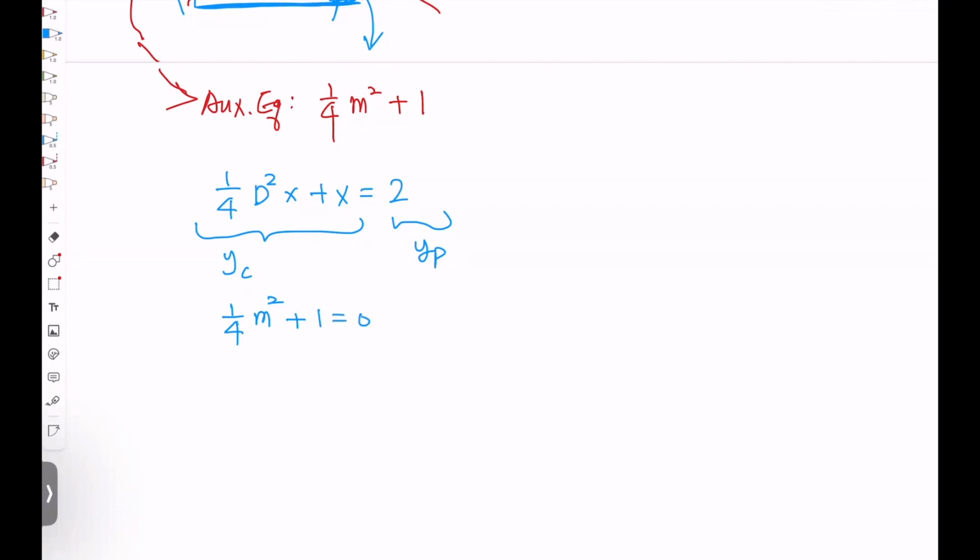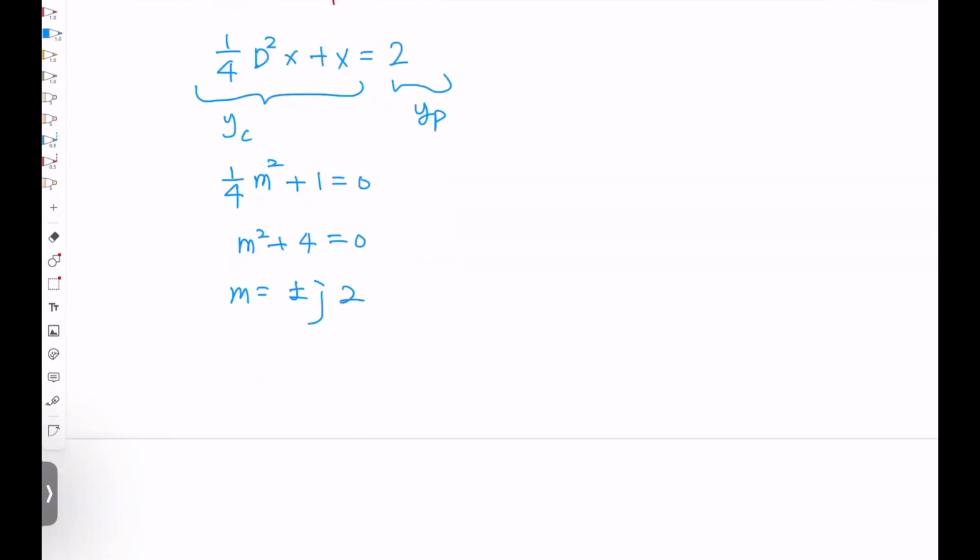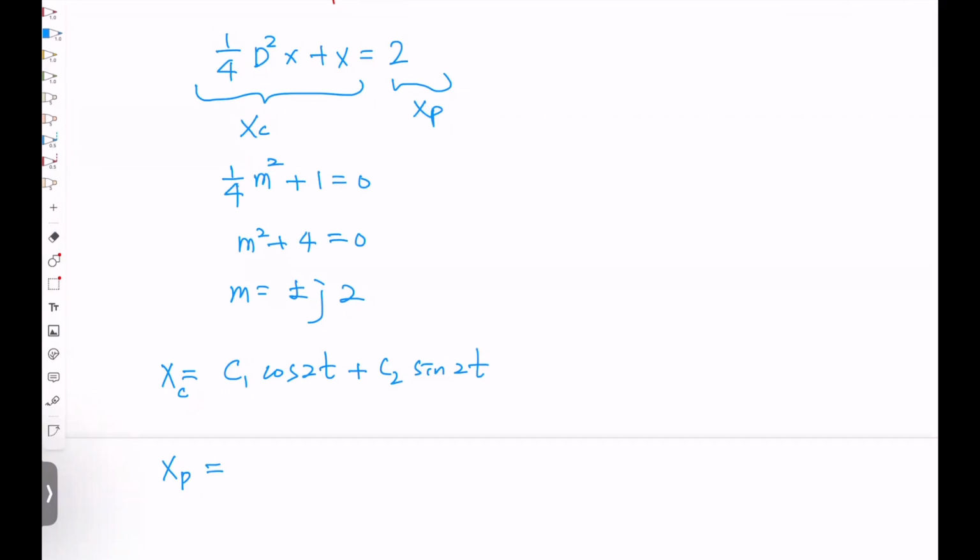Now we can multiply by 4, then m squared plus 4 equals 0. m equals plus or minus 2j. So we were working on the x term. So x equals, there's no alpha, c1 cosine 2t plus c2 sine 2t. That's the xc. And then xp, that's just a constant.